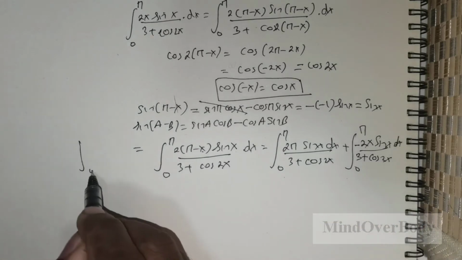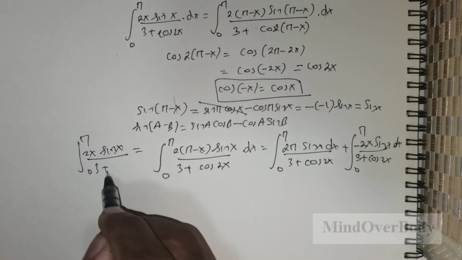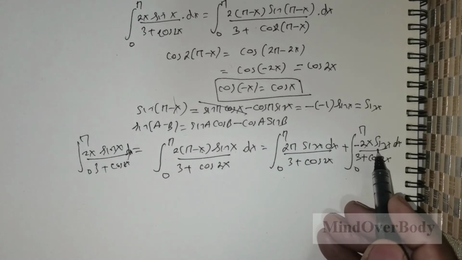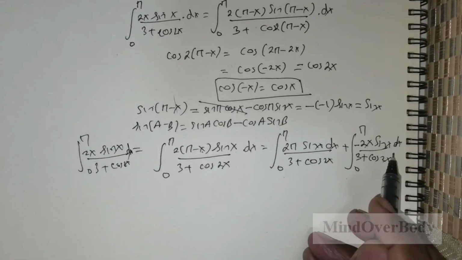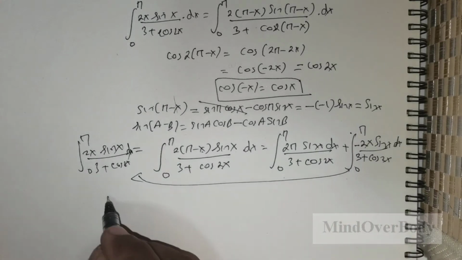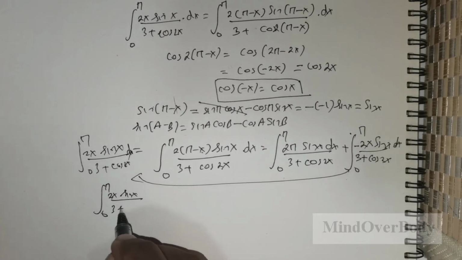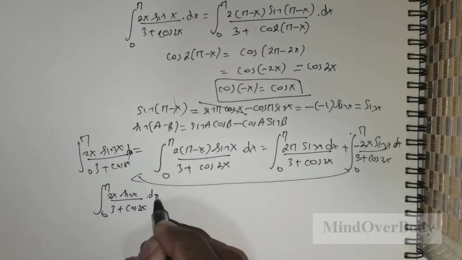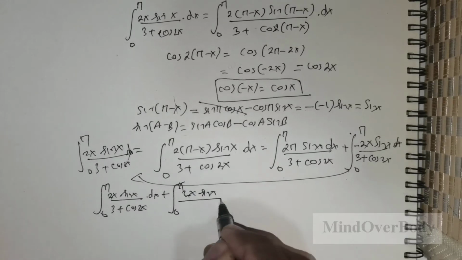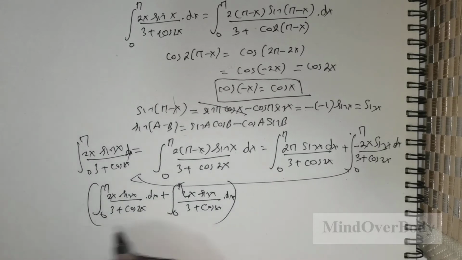On the left side you got integral 0 to pi by 2 of x times sine x divided by 3 plus cos 2x times dx. Now this is negative x sine x divided by 3 plus cos 2x times dx. So this can be brought to the left. So that would give us integral 0 to pi by 2 of x times sine x divided by 3 plus cos 2x times dx plus integral 0 to pi by 2 of x times sine x divided by 3 plus cos 2x times dx. Now these two can be added.